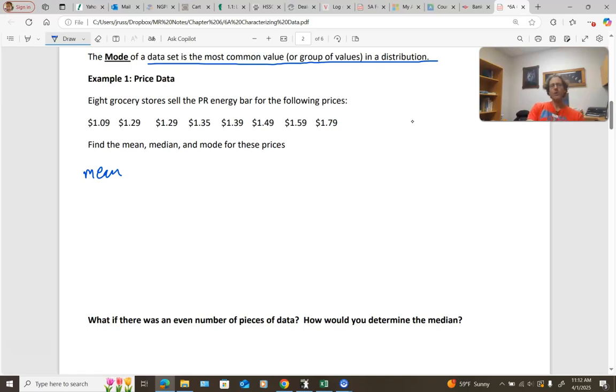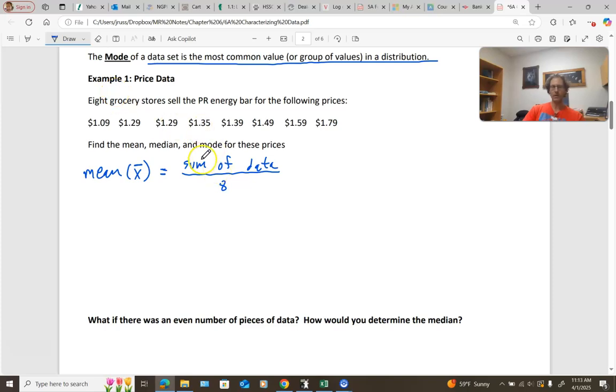I would assume that this is a sample of 8 grocery stores, so we're going to let X bar designate the mean here. What it's going to be is the sum of all the data values, and then we're going to divide that by 8, because there are 8 data values here.